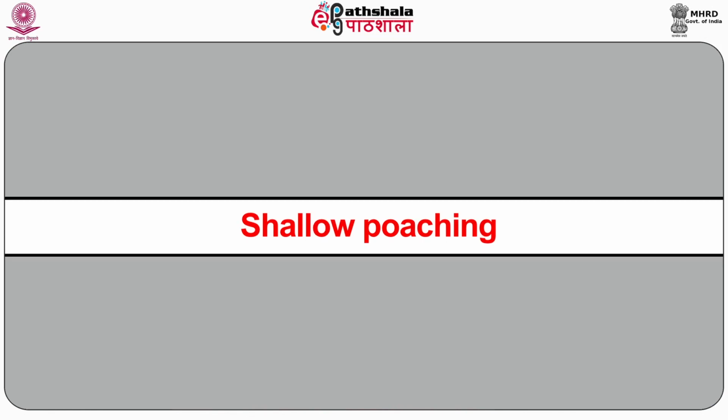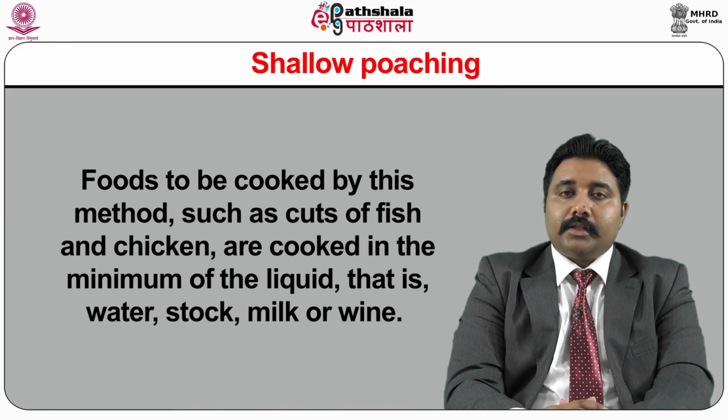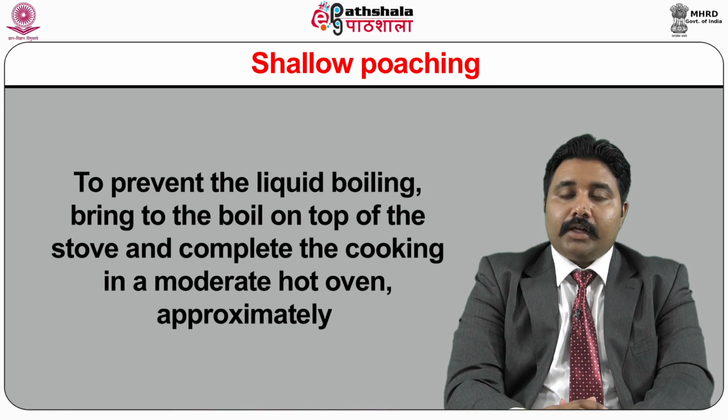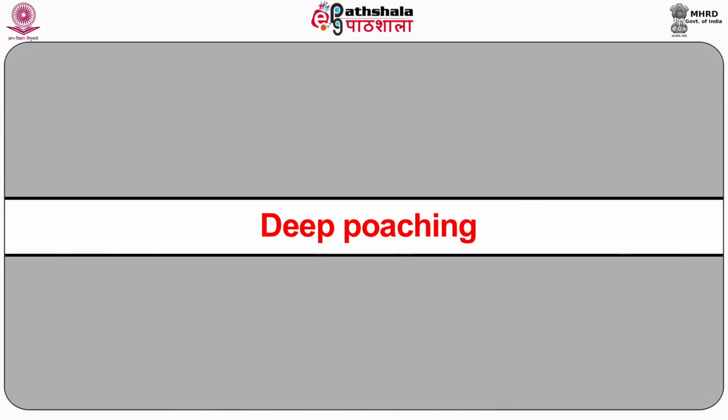Shallow poaching: foods to be cooked by this method, such as cuts of fish and chicken, are cooked in the minimum of liquid, that is, water, stock, milk or wine. To prevent the liquid boiling, bring to the boil on top of the stove and complete the cooking in a moderately hot oven. Deep poaching.